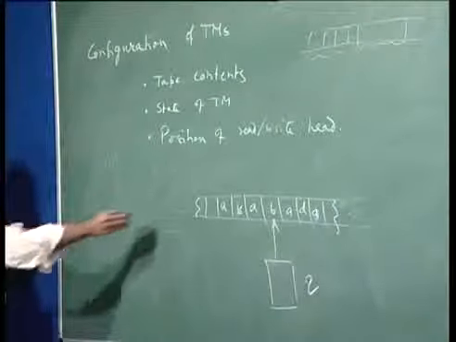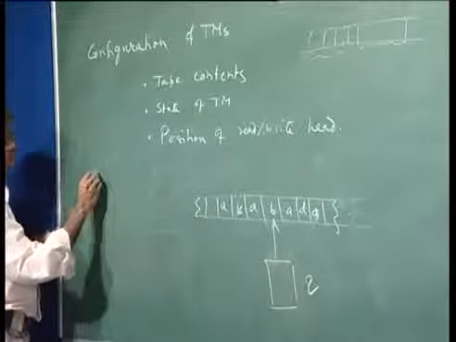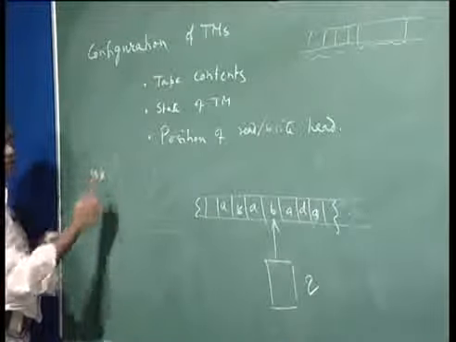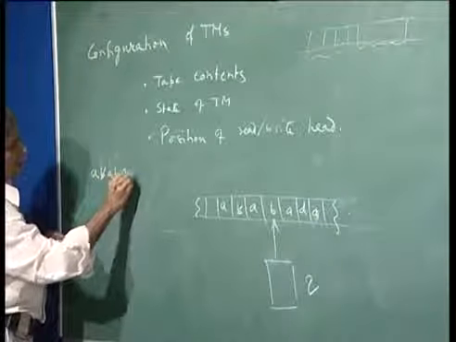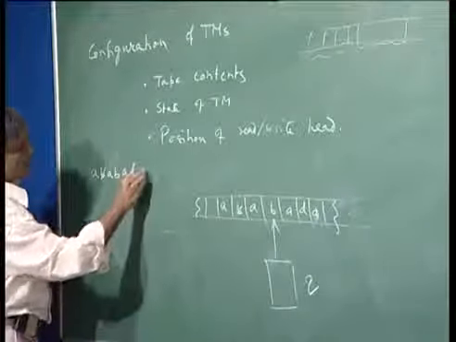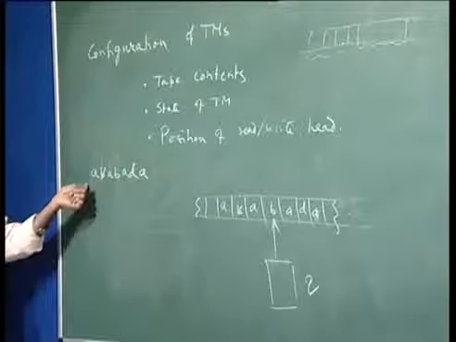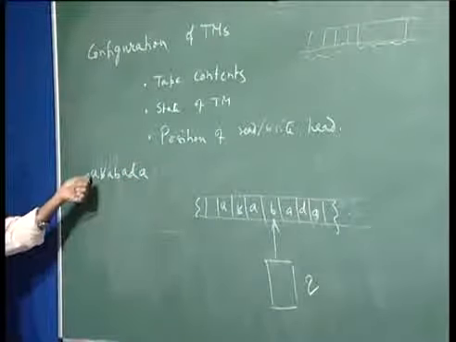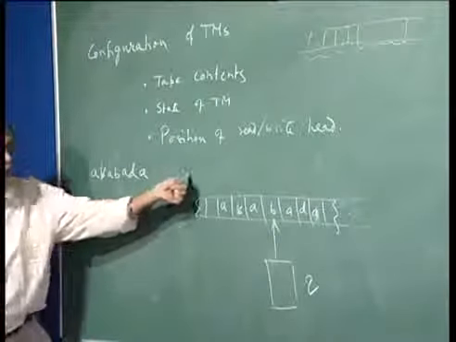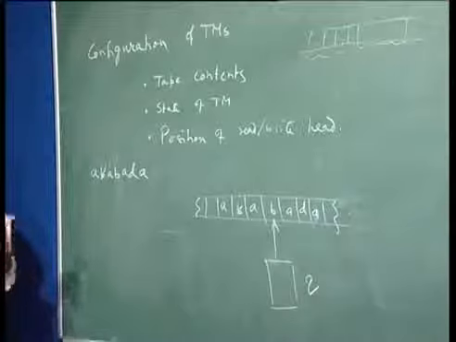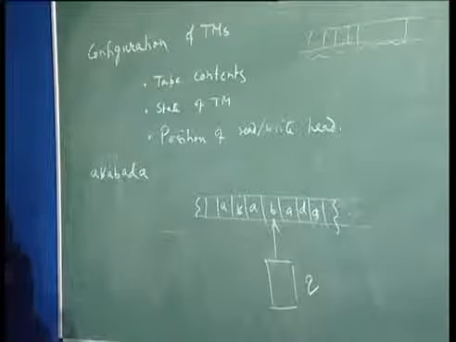So, I would represent this situation by saying A blank A B A D A, and that is all I will write, with the understanding all the symbols to the left of this and all the symbols to the right of this, all these symbols are blank, right.